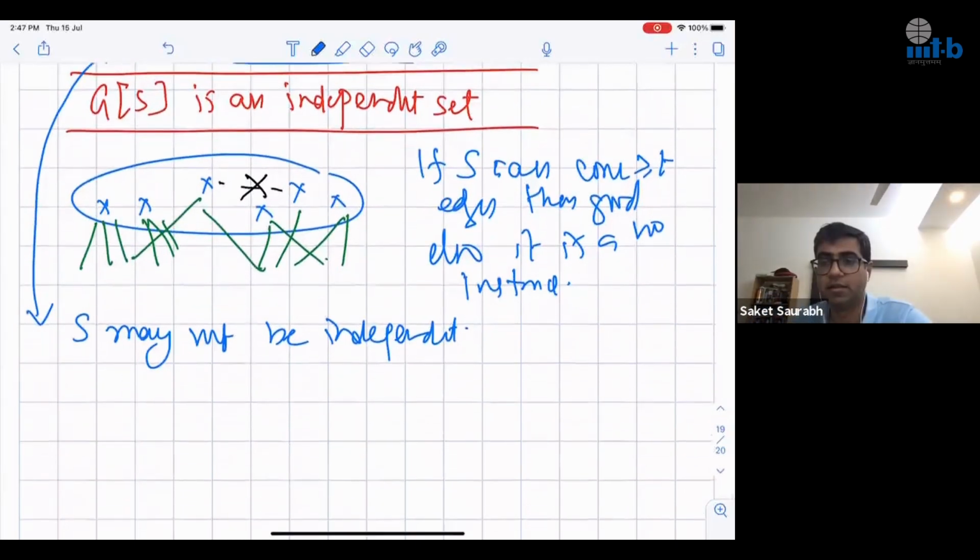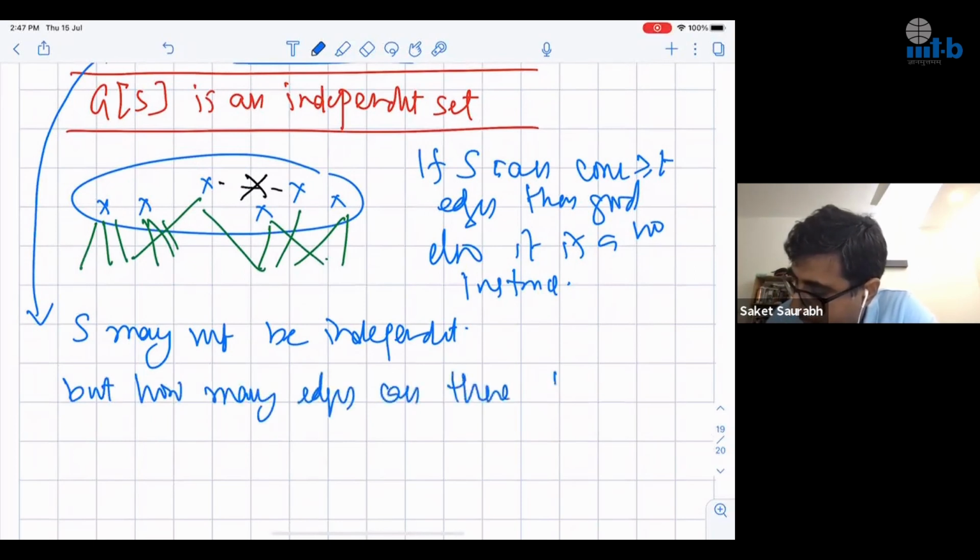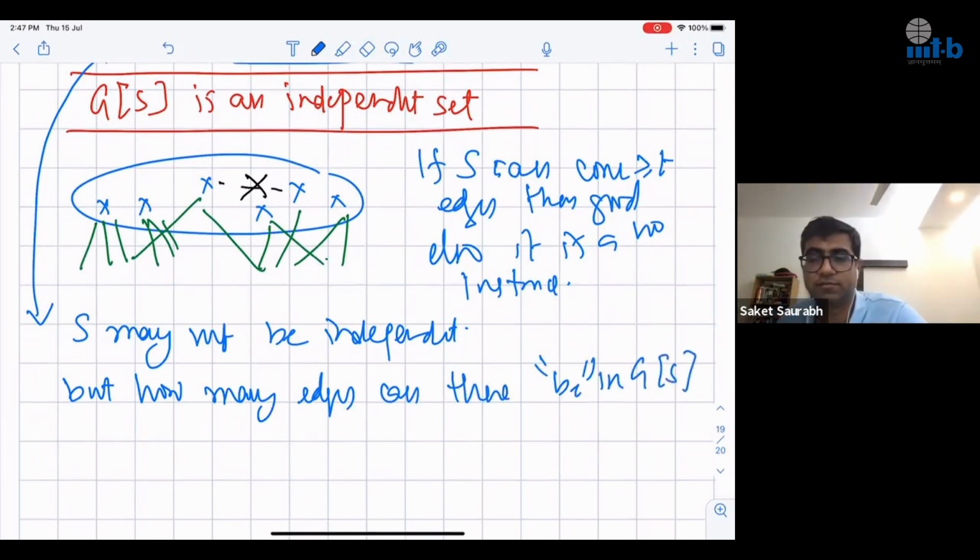Correct. Fine, it is not an independent set, but how many edges can there be in the graph induced on S? Let's ask ourselves this.